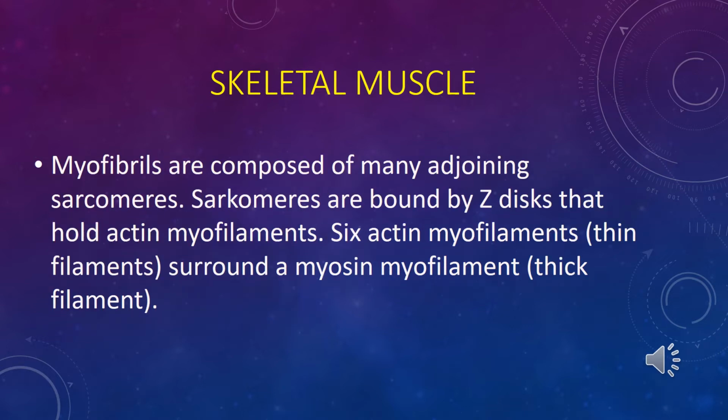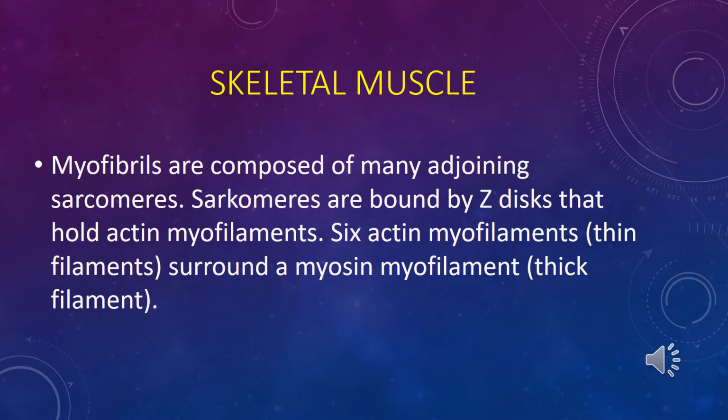Myofibrils include many sarcomeres. What does it mean, sarcomere? Sarcomere is the unit of contraction. It is the distance between two Z lines or two Z discs, and this distance includes the myofibril elements, actin and myosin.